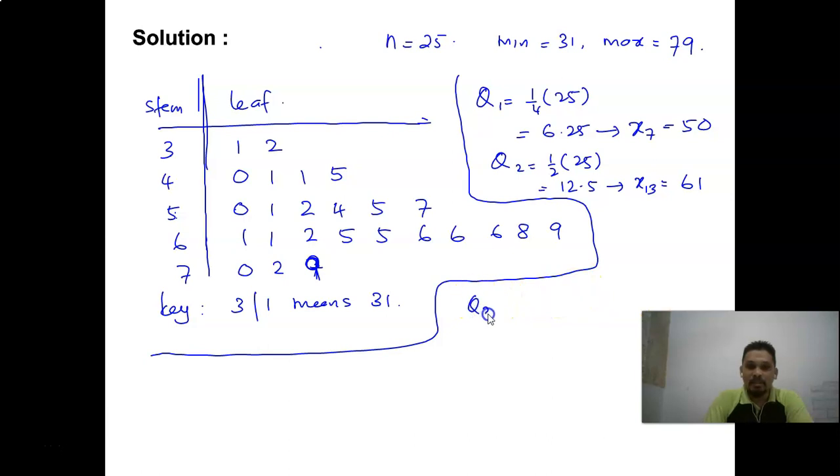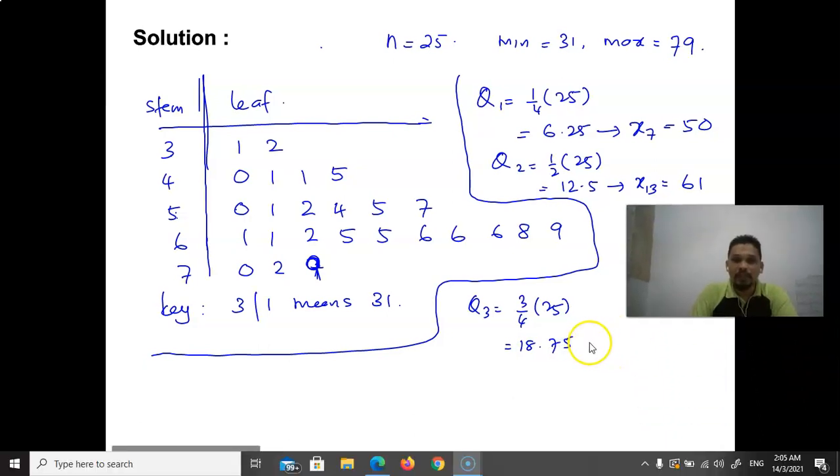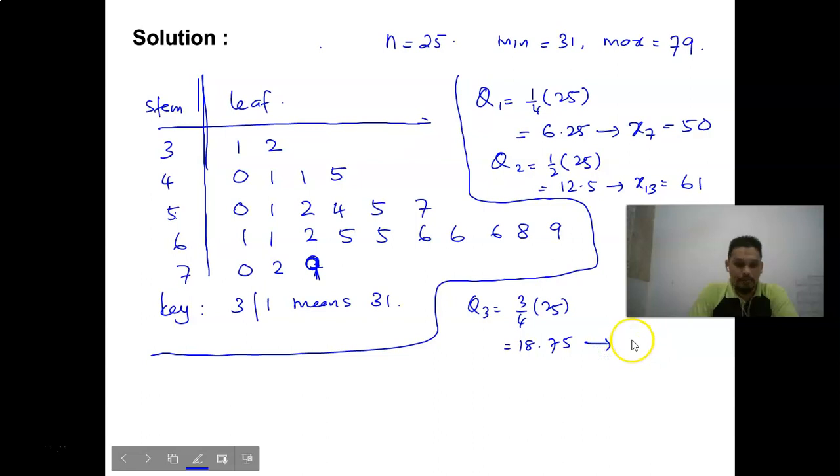Then next, the third quartile, 3 over 4 times 25 equals 18.75. It is the 19th observation, okay, which is equal to 66.